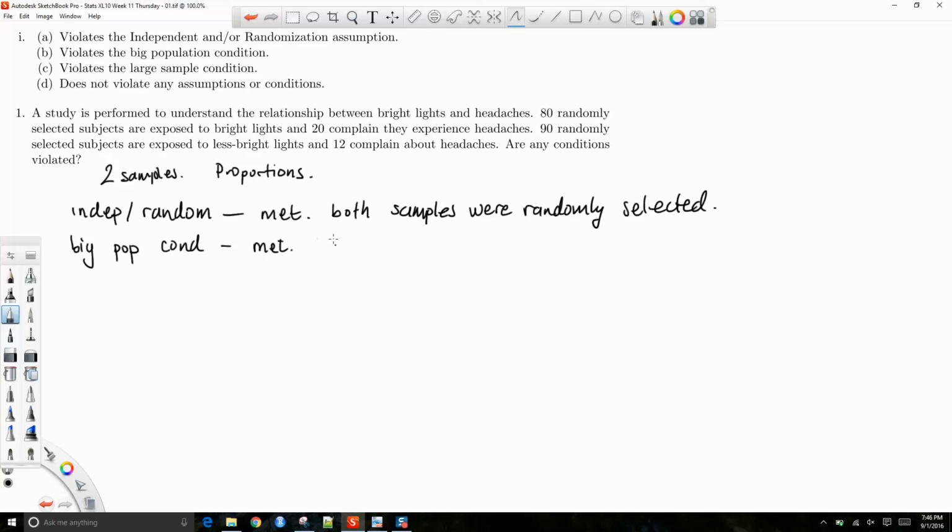If we think about what the population is, it's not specified in the problem, but the population would be basically everyone in the world, or everyone who might be exposed to lights, which would pretty much be everyone in the world, right? Almost everyone in the world, okay?